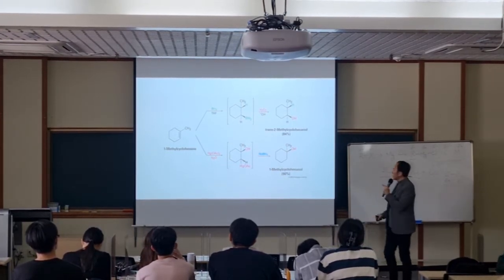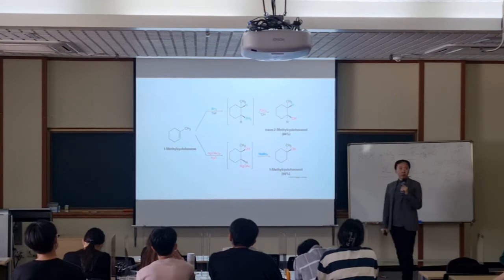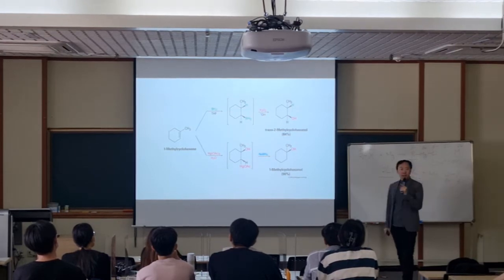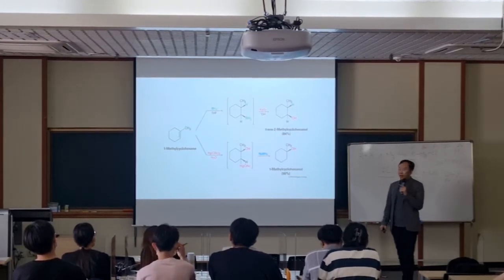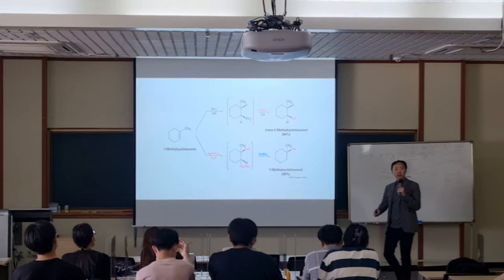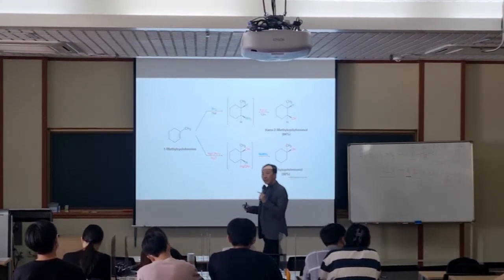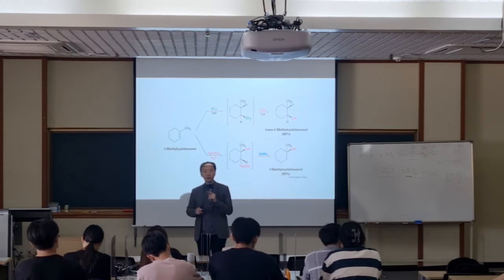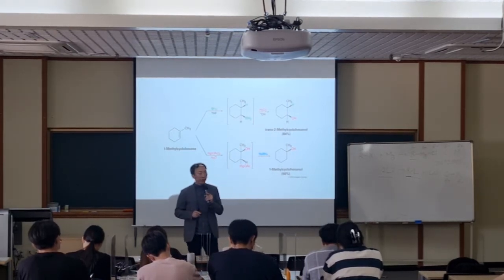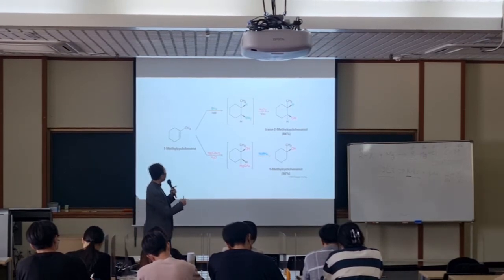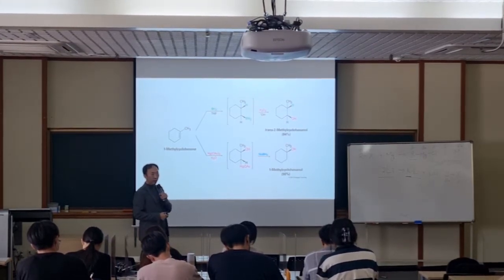And the result-wise, in this case, Markovnikov's rule says the new hydroxyl group addition happens at the more substituted position. That's why oxymercuration is a Markovnikov product. Hydroboration was an anti-Markovnikov product. The name is not so important, but depending on those mechanisms, through what mechanism it formed this product, and this product is important.